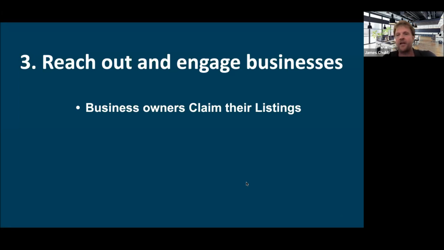Do you want to claim your listing? They can click a link, go through and claim it. Then they can engage with your directory. They can see the reviews, see information coming. They'll receive your newsletters, etc. And then they can read and respond to reviews that come in for the listing, etc.